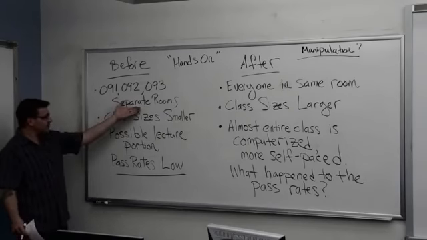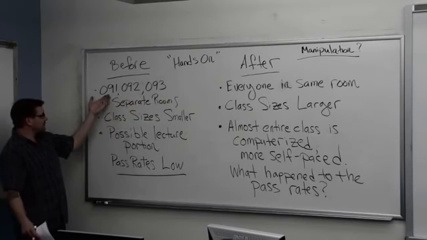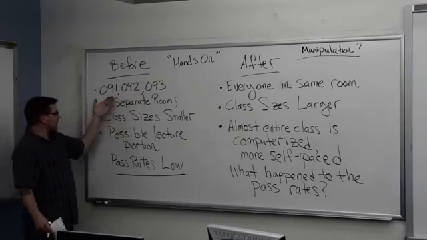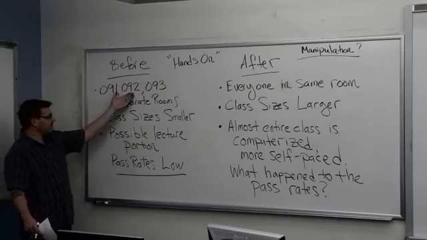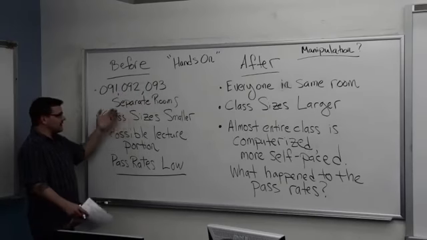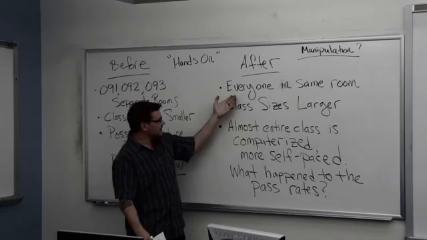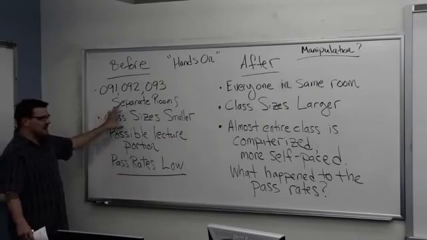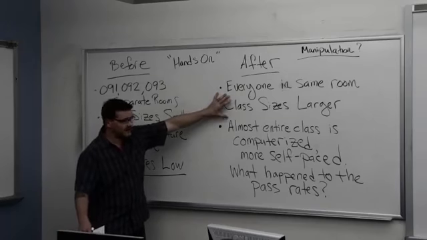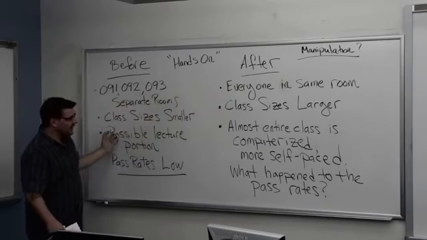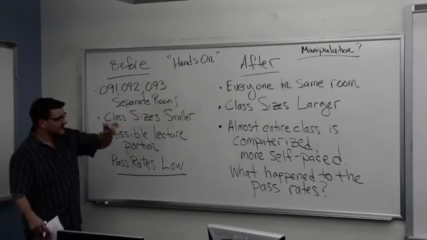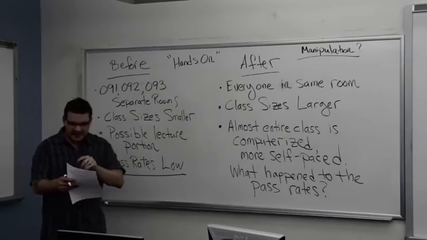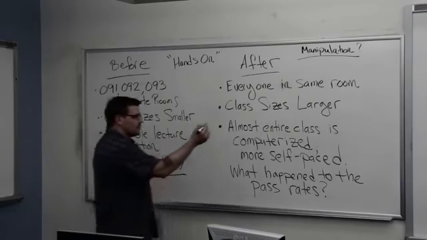Before, everybody was in separate rooms, whether you were in arithmetic versus beginning algebra versus intermediate algebra. We changed that. Everybody's now in the same room. Class sizes used to be smaller. Now we're putting everybody in one big class. Again, the things that we're changing, that's the manipulation. Next bullet point down was all about control.